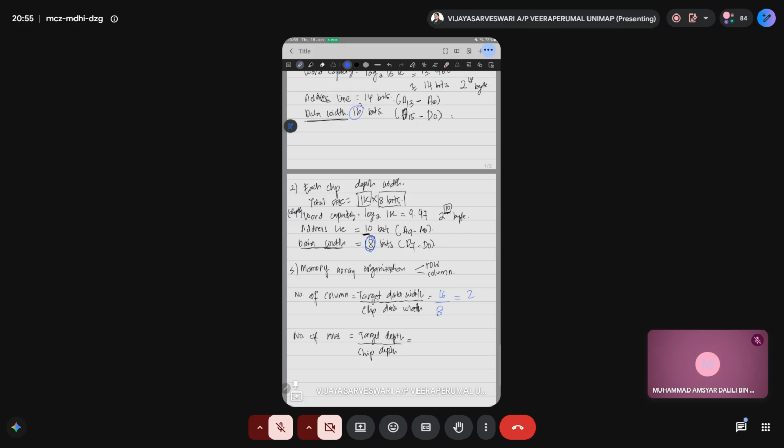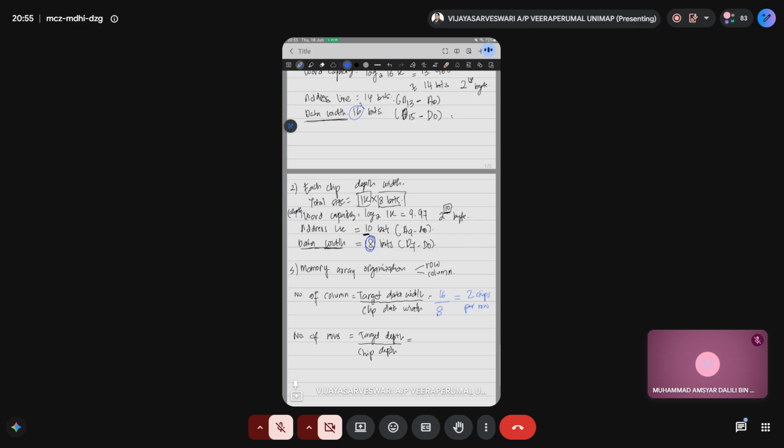So you will have 2 chips per row, meaning in each row you will have 2 chips.